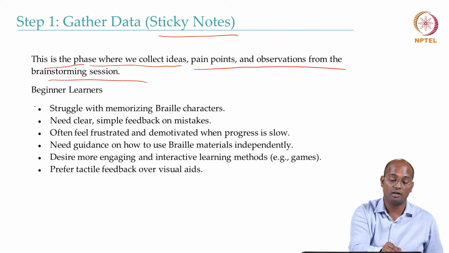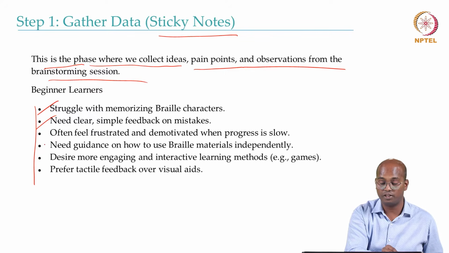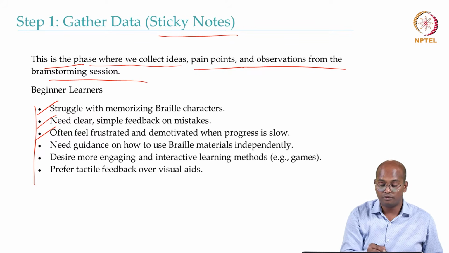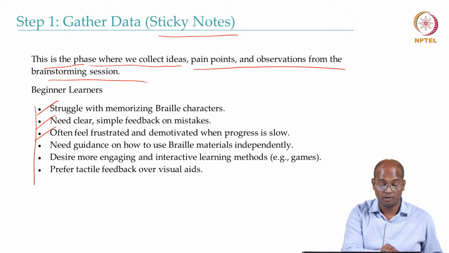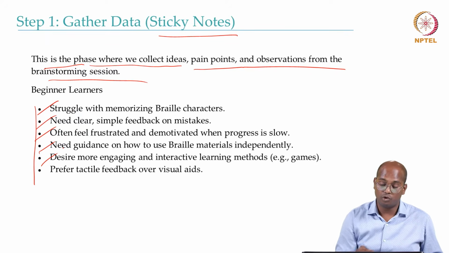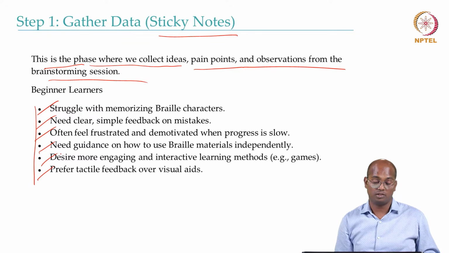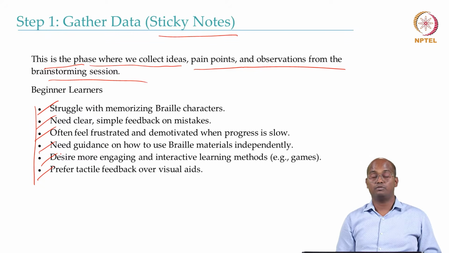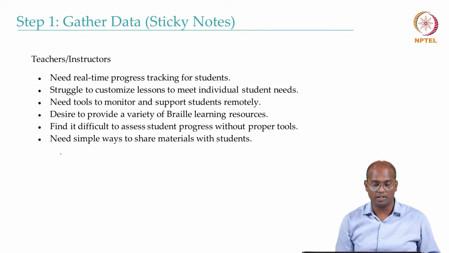For the beginner learners: struggle with memorizing Braille characters, need clear, simple feedback on mistakes, often feel frustrated and demotivated when progress is slow, need guidance on how to use Braille materials independently, desire more engaging and interactive learning methods, probably gamifying the education, and finally prefer tactile feedback over visual aids. So that is what we got from beginner learners.